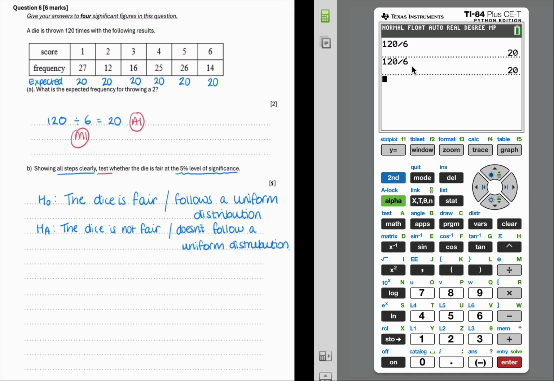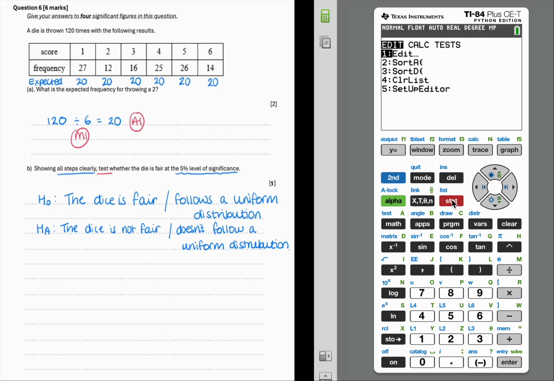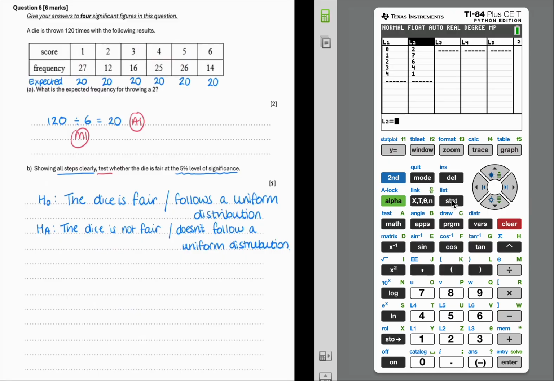Once we've done that, we're now going to move on to the next part of our hypothesis testing. We need to make sure that we're typing into our calculator the expected and the observed values. So we're going to go to statistics and edit, clear anything that you have in there, and we need to write down the observed values.